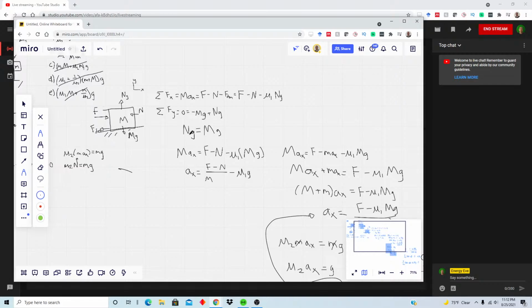We can plug this into here, and so we have this equation to get to here, and then from here we end up going here to show that we substituted this n for max.